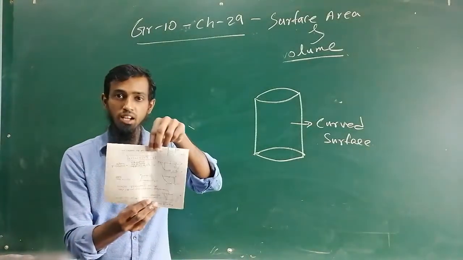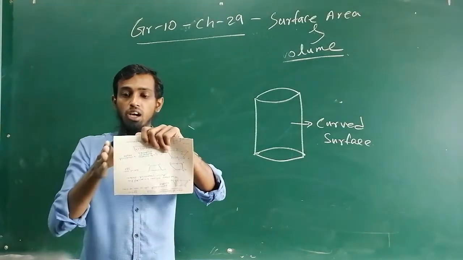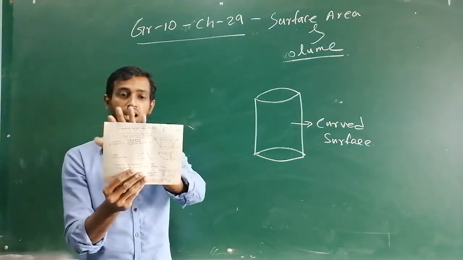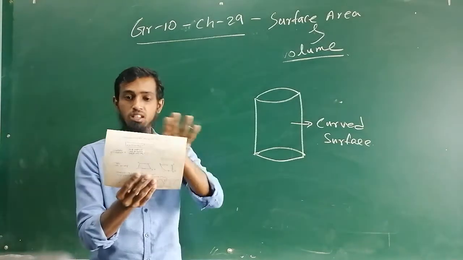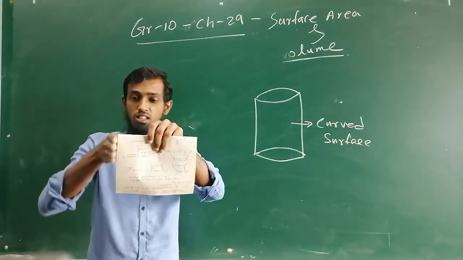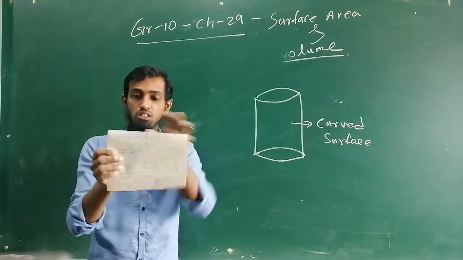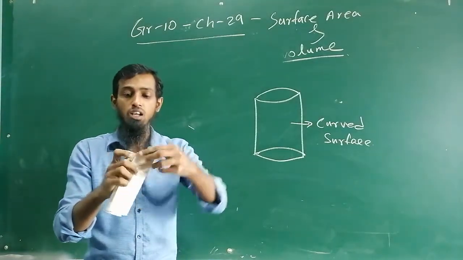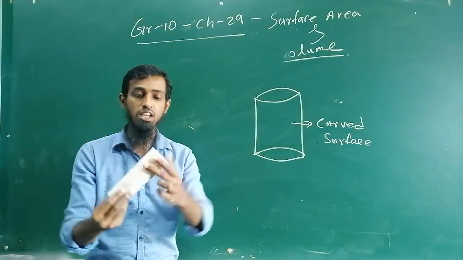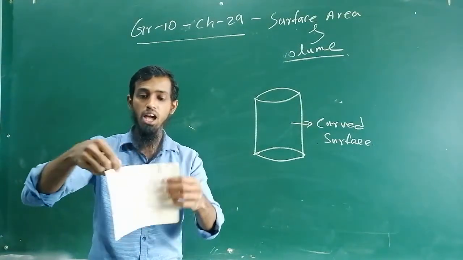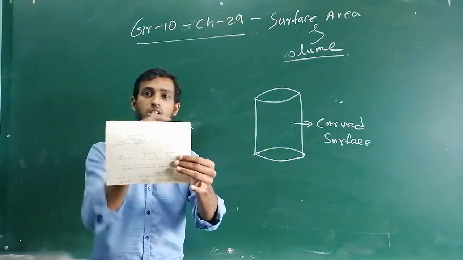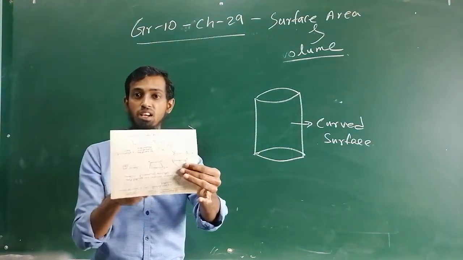Take a rectangular shape. Now connect the edges of the breadth. First we connected the edges of the length; now we connect the edges of the breadth. Likewise, if you connect this, we can have the cylinder shape. A rectangle is a plane figure.